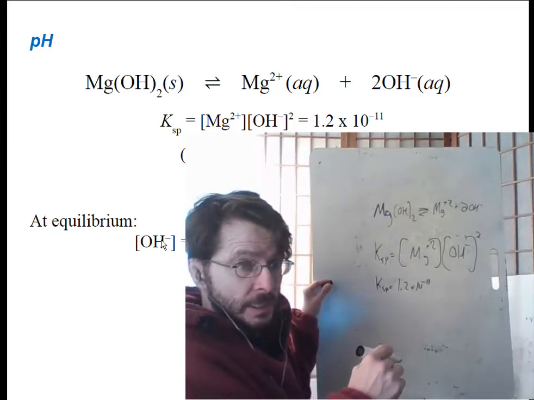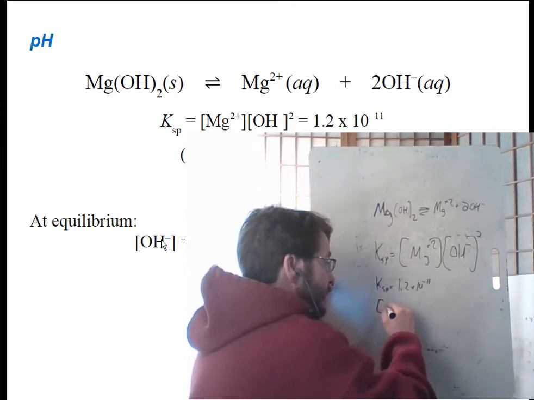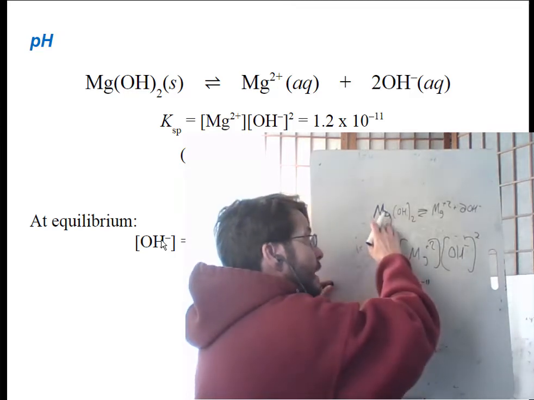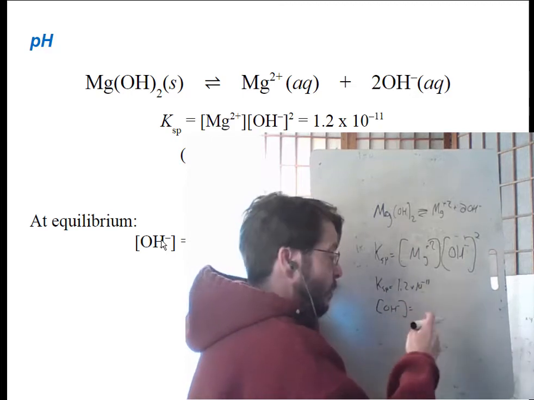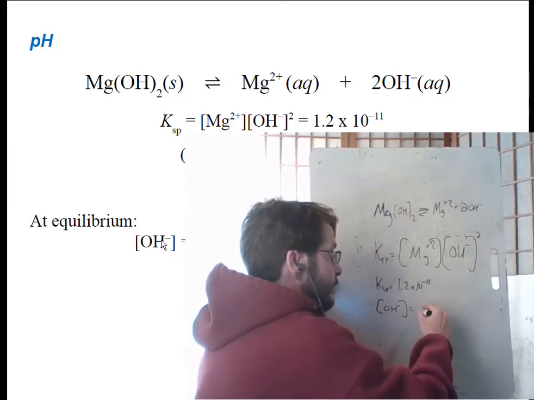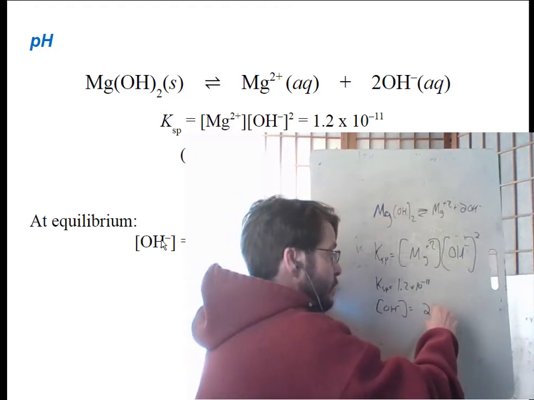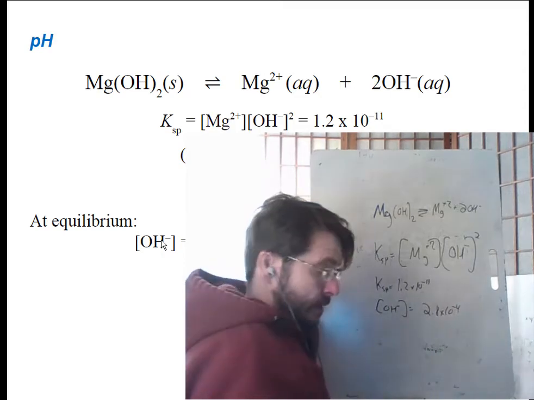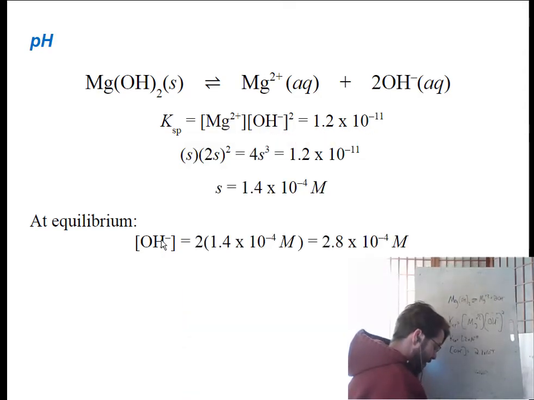And if you do solve for it, you find that the hydroxide ion concentration in solution for just dissolving magnesium hydroxide, and prove this to yourself, this will actually be one of the homework problems, will be equal to 2.8 times 10 to the negative 4th. So that's the hydroxide ion concentration.